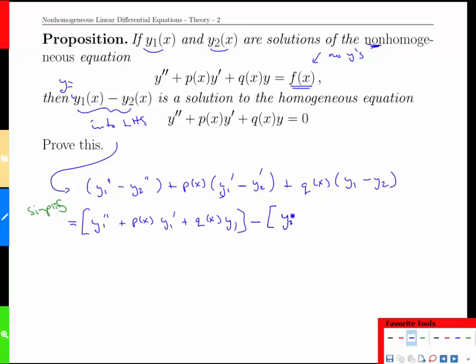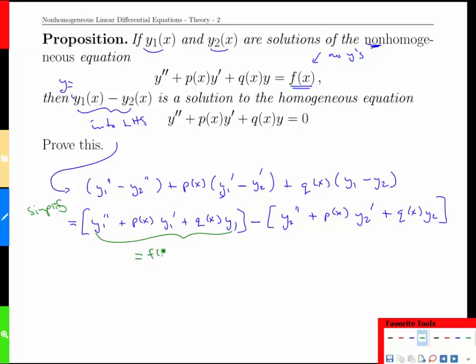And we'd have y2 double prime plus, because we have the negative out front already, p of x y2 prime plus q of x y2. And that, well, that looks an awful lot like the original left-hand side of the differential equation.